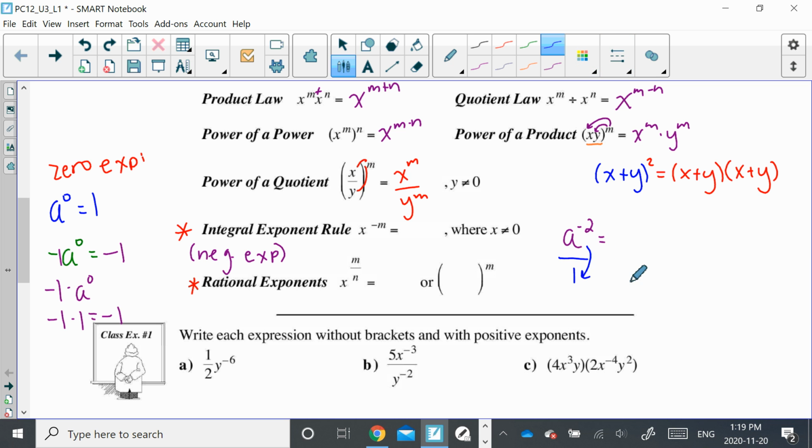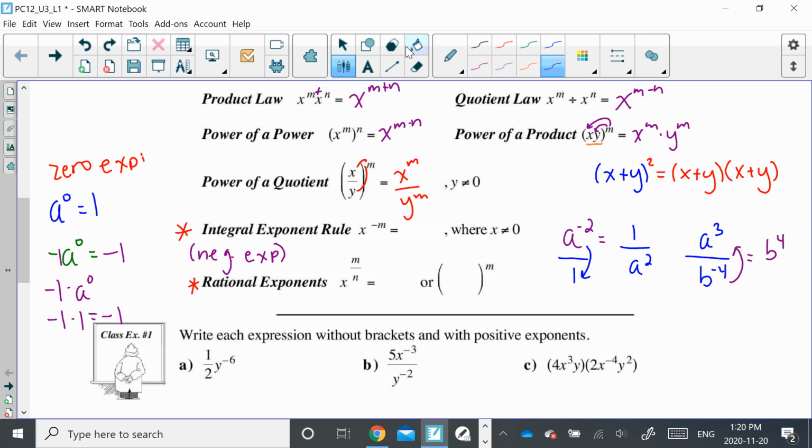If you bring this down into the denominator, that negative 2 will become positive 2. That's how you get rid of the negative exponent. It works in reverse: if I gave you, let's say, a cubed over b to the negative 4, the negative exponent is in the denominator. So if you wrote that up in the numerator, it would become positive.